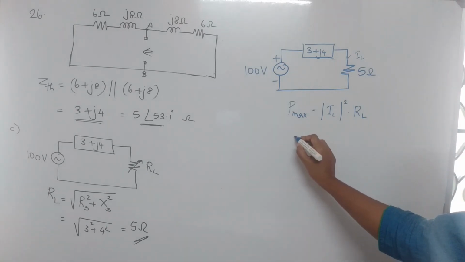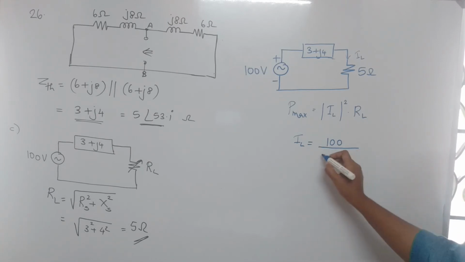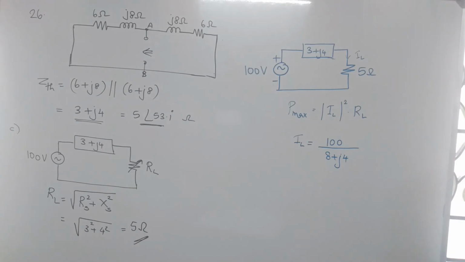What is IL? IL is equal to V by the sum, 8 plus J4. And now we'll get this as 11.18 angle minus 26.56 ampere. Okay.